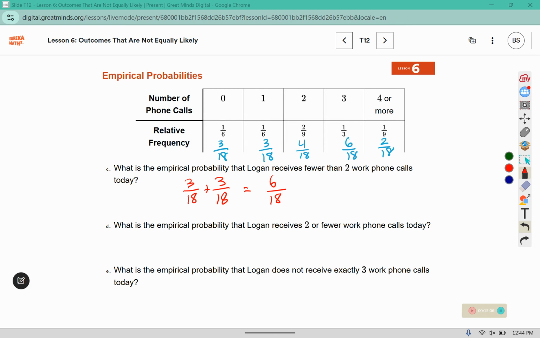What is the empirical probability that Logan receives 2 or fewer? So now we're including 2 and 0 and 1. 4 plus 3 is 7, plus 3 is 10. If you reduce that, that could be 5/9.